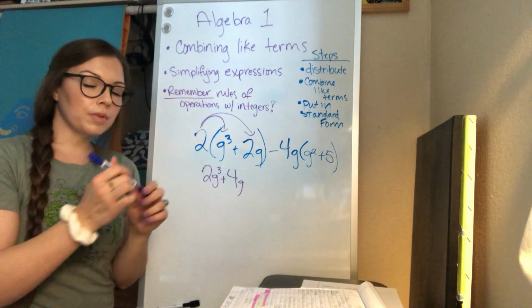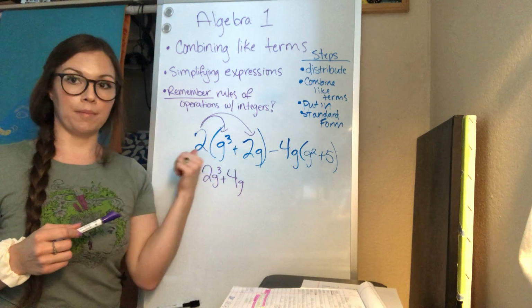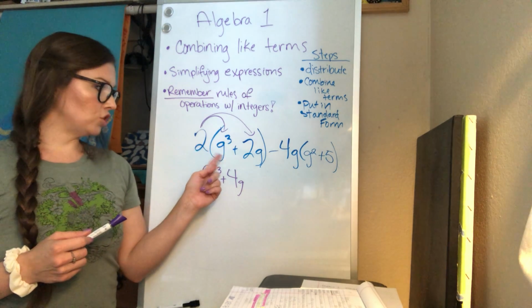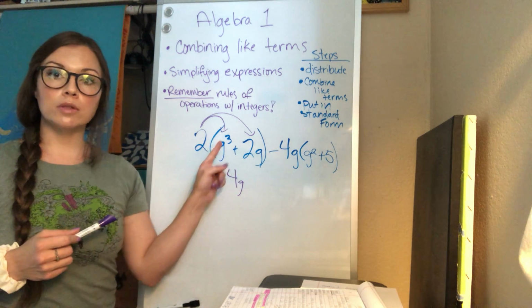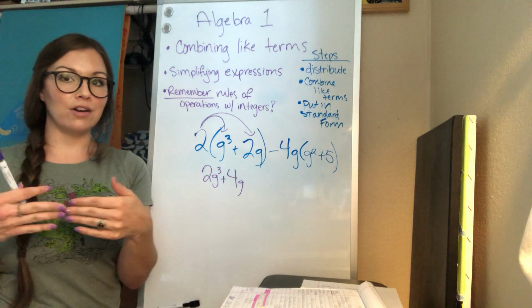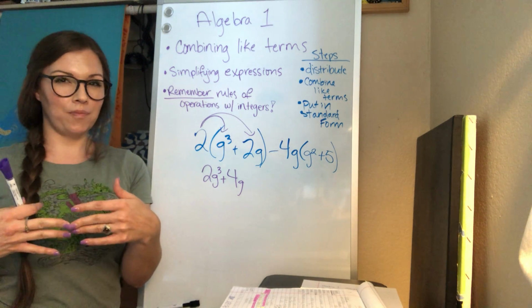So when we're multiplying, we can combine terms that are not the same, right? Because here we have just a number by itself. We have a g cubed and we have a g. So when we multiply, we can combine terms that are not the same, but we cannot add or subtract terms that are not alike, okay?